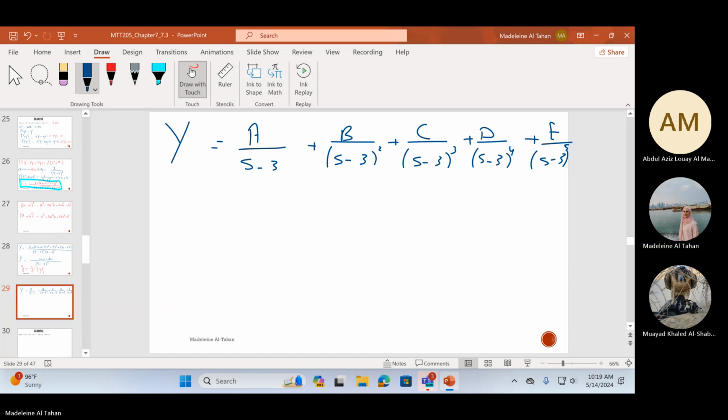Right, miss? Didn't we write this one? Yes. Okay. Now, what would be y? Don't put A, B, C, D, E at this moment, okay? If you want to find them, we will get 5 equations with 5 unknowns.